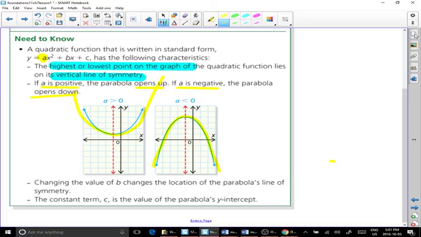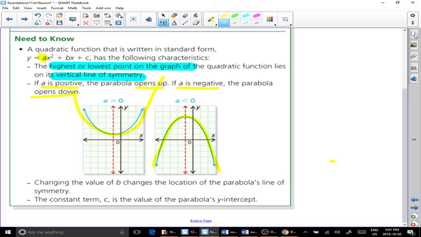Number 6 gives you a table of values. It says without graphing, state whether or not the parabola opens up or down. So what you want to do with number 6 is look at the y values.